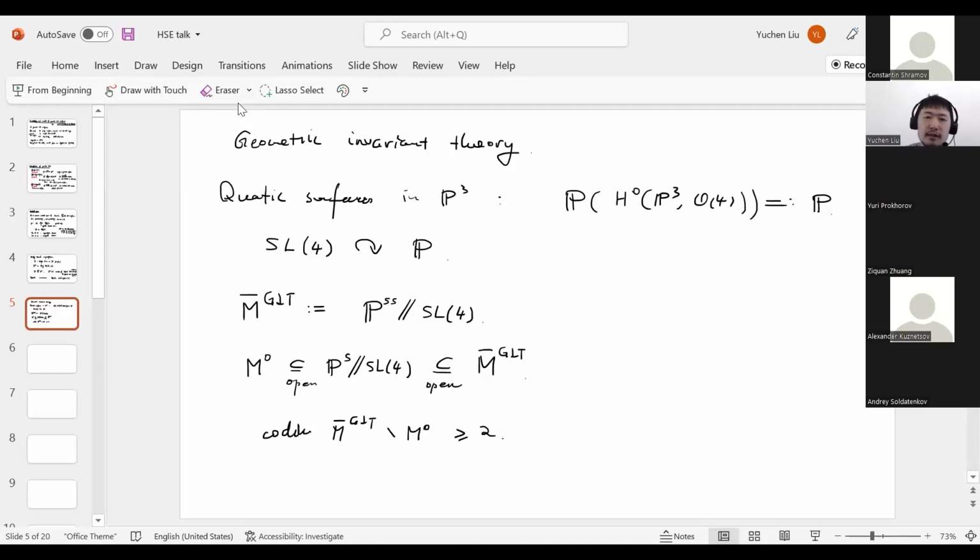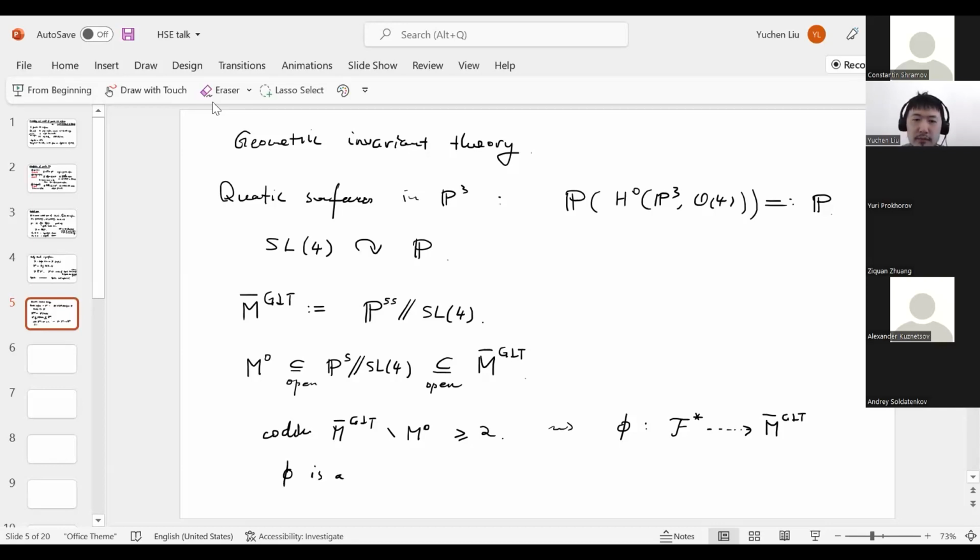So this tells us that we have a birational map from F star to the GIT moduli space. Sorry, this should be birational, certainly not a morphism. All right, and this is actually a birational contraction.